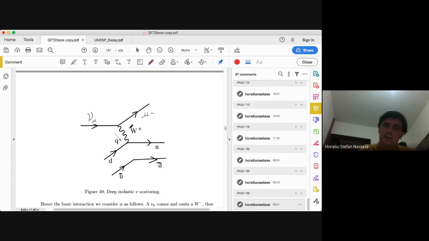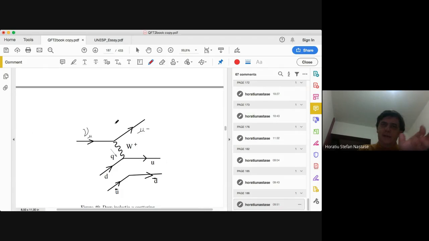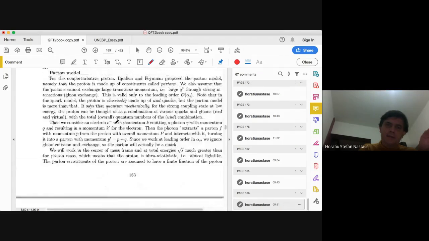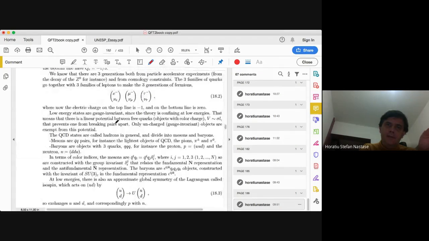which means, and the W has charge plus, it will change the pairs in QCD where I started. The pairs corresponded to SU(2) or electroweak pairs.